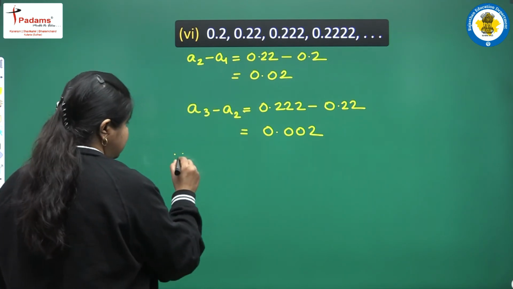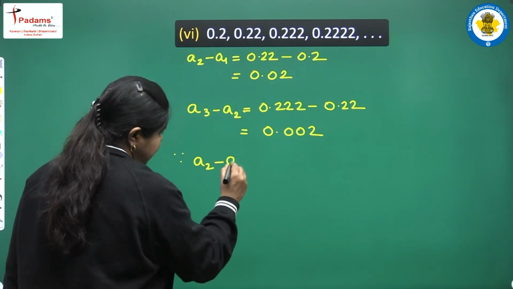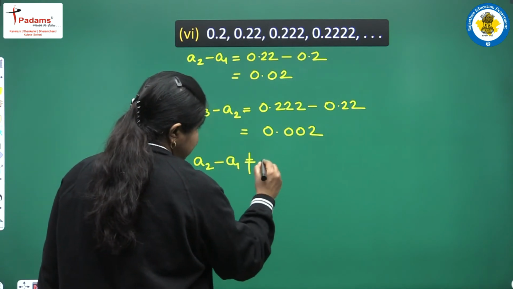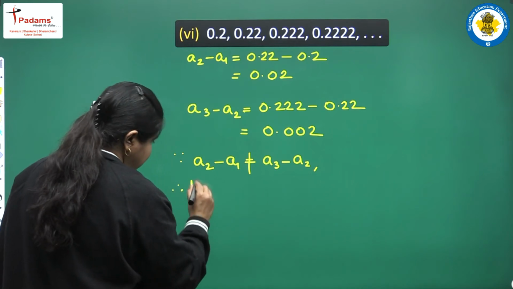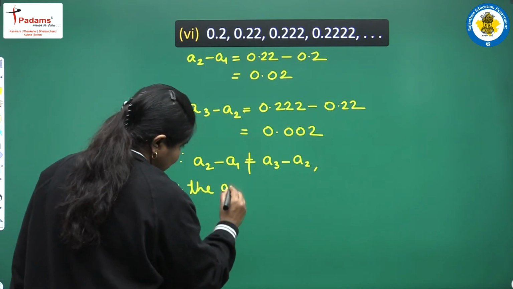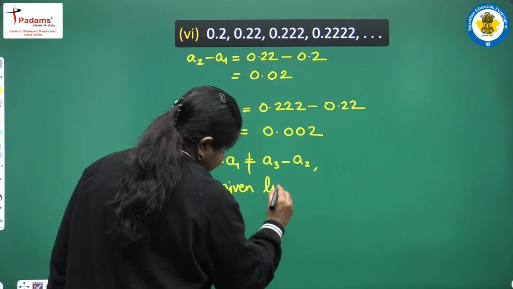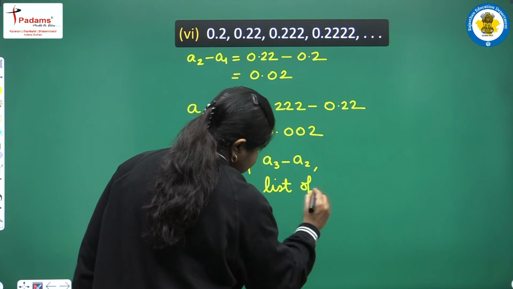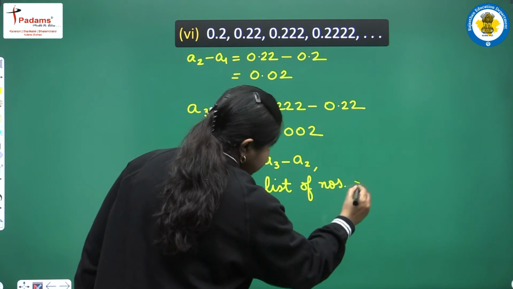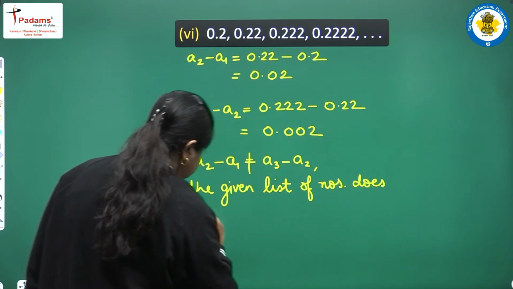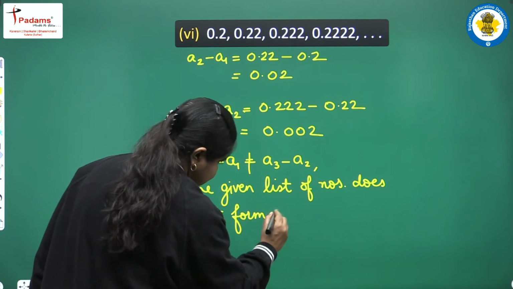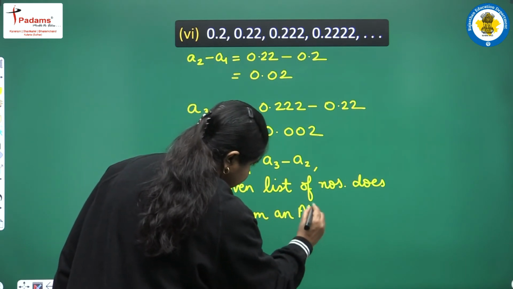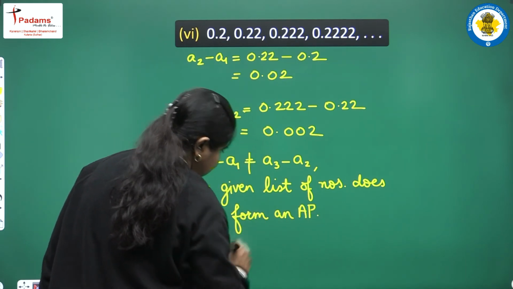We can write here since A2 minus A1 is not equal to A3 minus A2, therefore the given list of numbers does not form an AP. I hope it's very much clear.